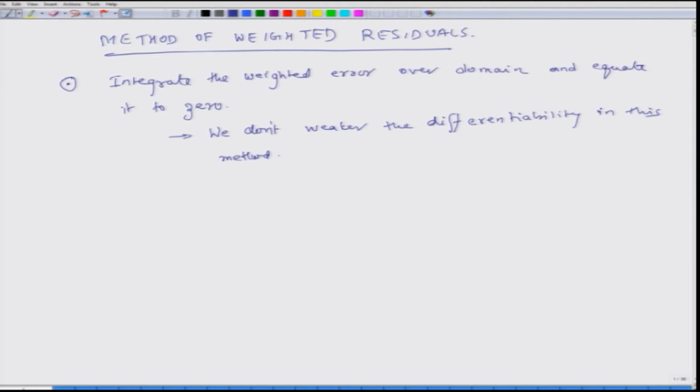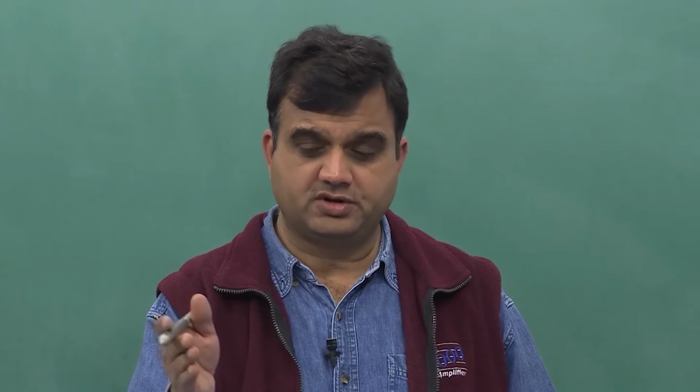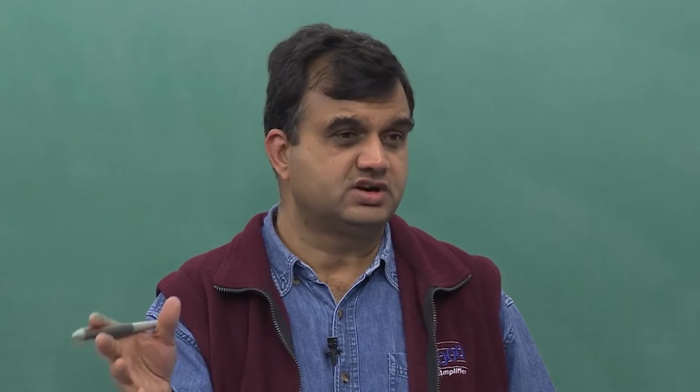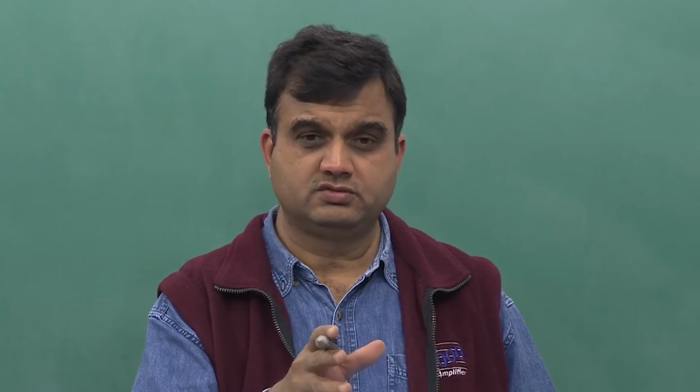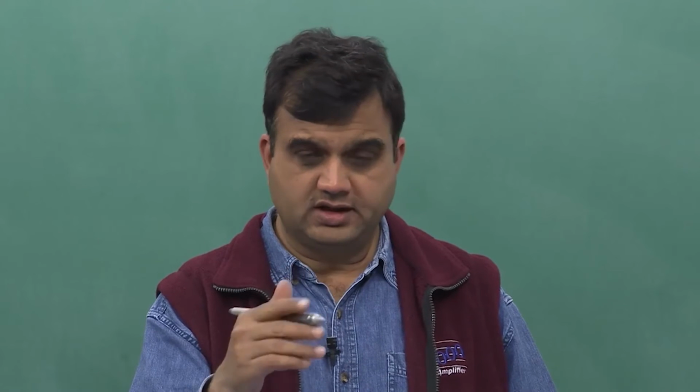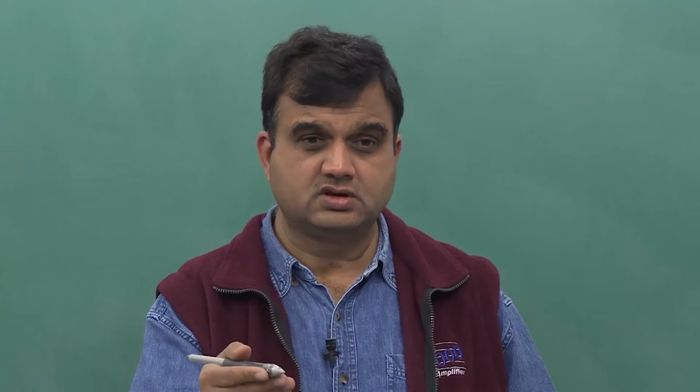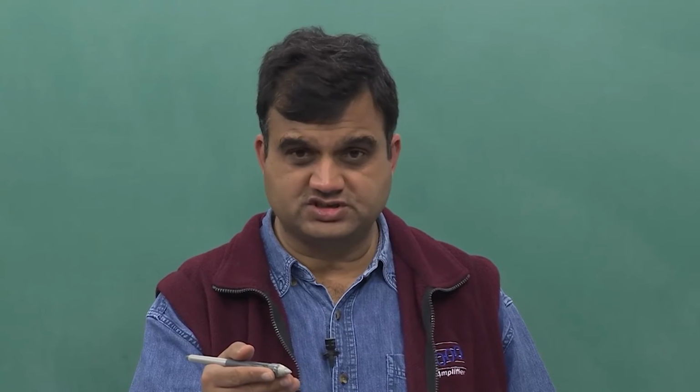What this directly means is that in Rayleigh-Ritz approach, because we have a weakened differentiability, when we do this weakening of the differentiability and shift the differential operator from u, which is the dependent variable, to w, which is the weight function, then some boundary terms come in this process, right.